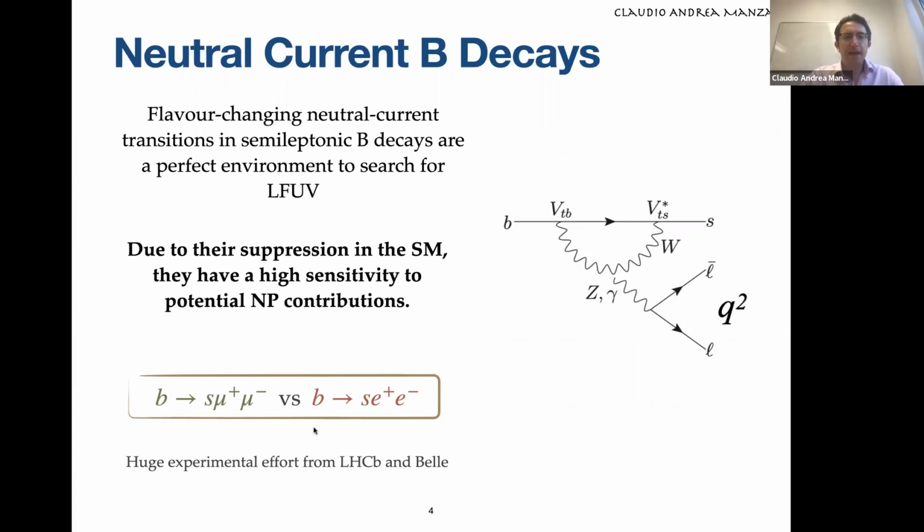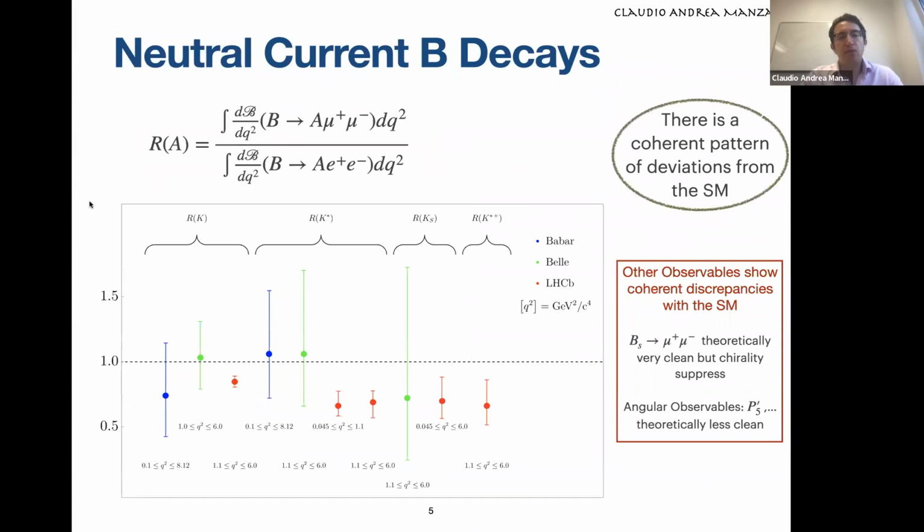And in fact, some of the most interesting observables at the moment are the so-called R ratios, which are defined as the ratio between the q-squared differential distribution for the branching ratio of a B-meson decaying into a generic meson and a pair of muons, compared with the same process with a pair of electrons.